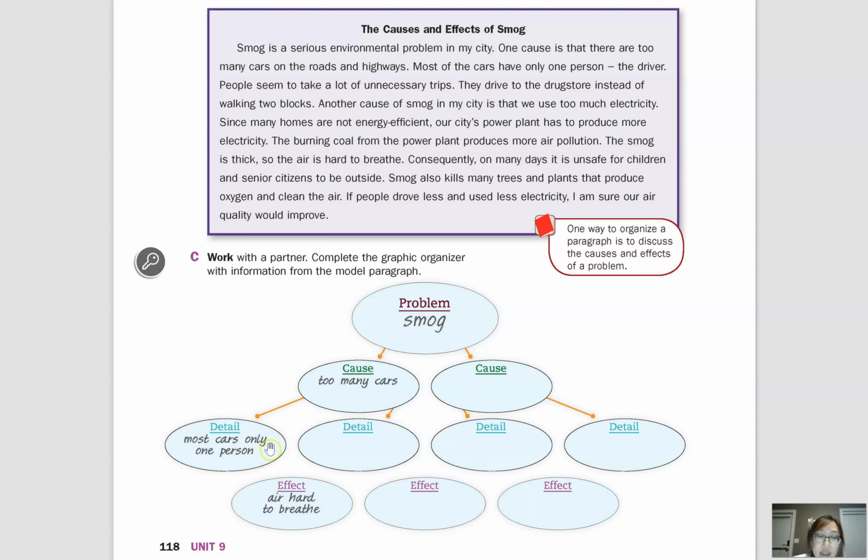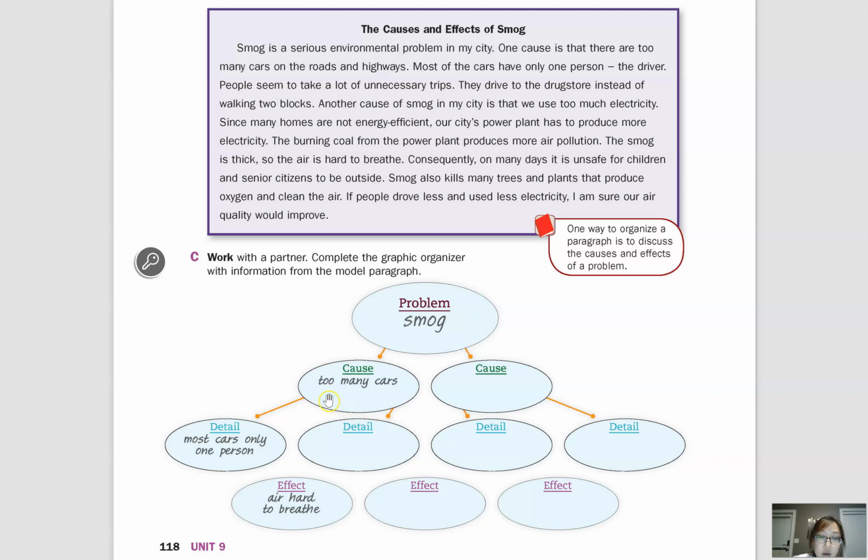Let's take a look at the examples. The problem is smog, and then here we have multiple causes. One cause is that there are too many cars. As you can see, one cause is that there are too many cars on the roads and highways. But, of course, when you make a graphic organizer, you can just shorten or abbreviate the information.